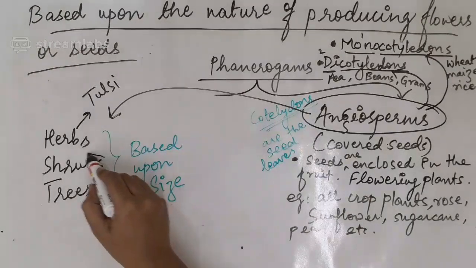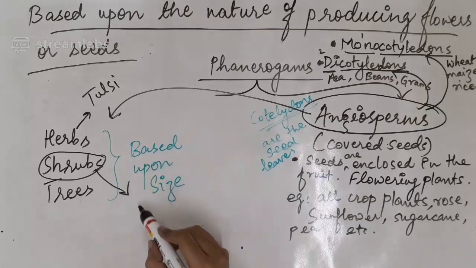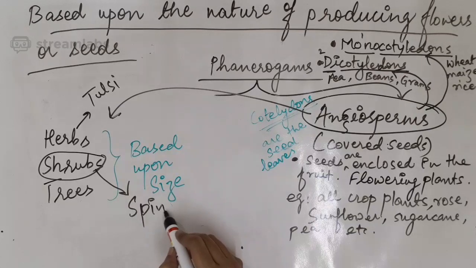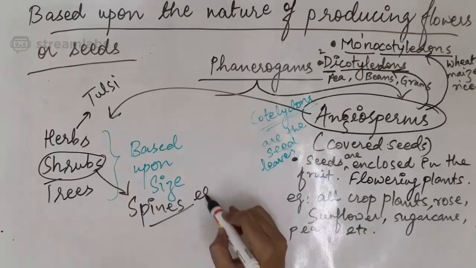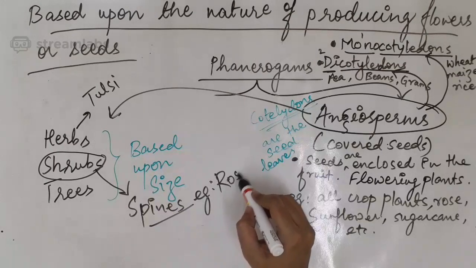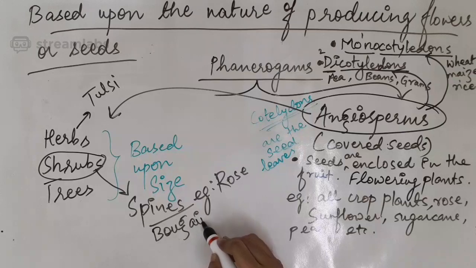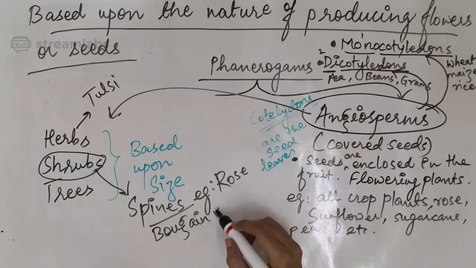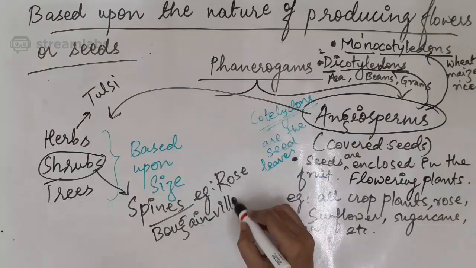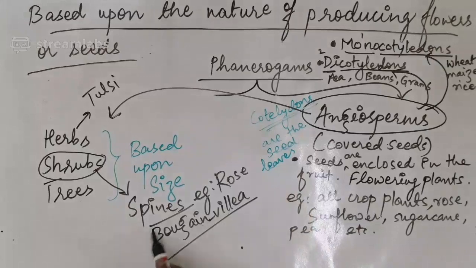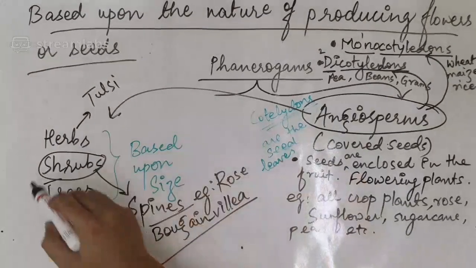The shrubs are having spines, कांटे होते हैं, like rose, etc. ठीक है. और जो main important है वो आपकी बुक में जो लिखा है, that is called बोगनवेलिया. बोगनवेलिया. ठीक है. ये श्रब्स, एंजियोस्पर्म्स के 3 और टाइप्स.